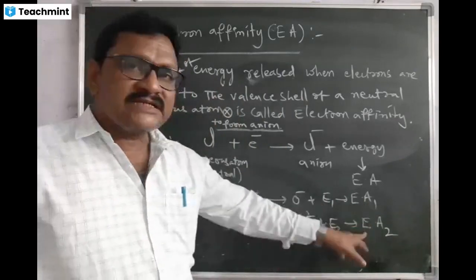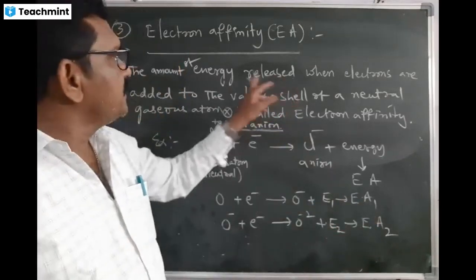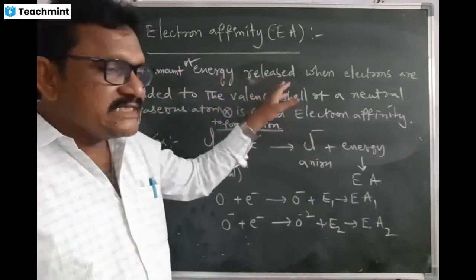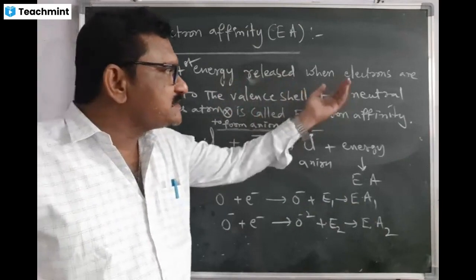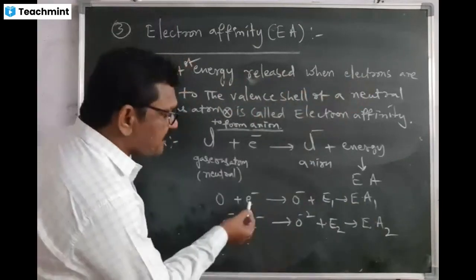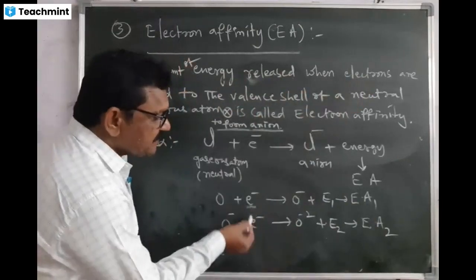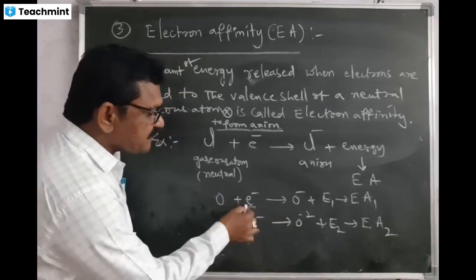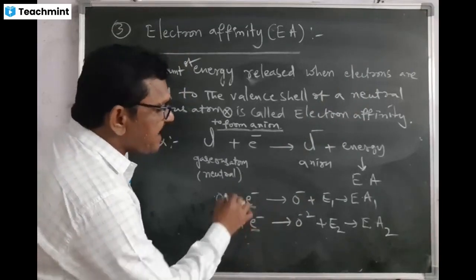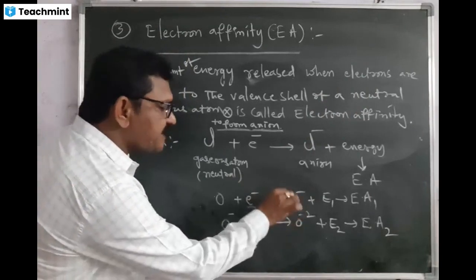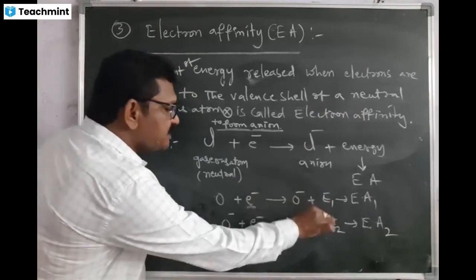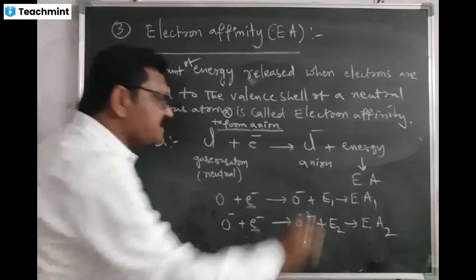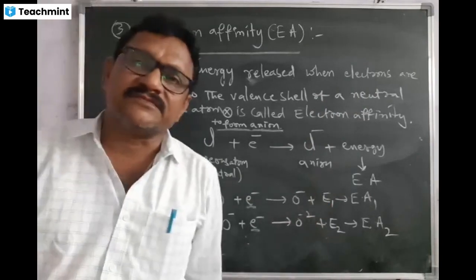So from this you can understand very easily the definition of electron affinity. What is electron affinity? The amount of energy released during the process of adding electrons to the neutral gaseous atoms. So atom changes to its concerned anion, and there is a liberation of energy. That energy we consider as electron affinity. Is it clear now?